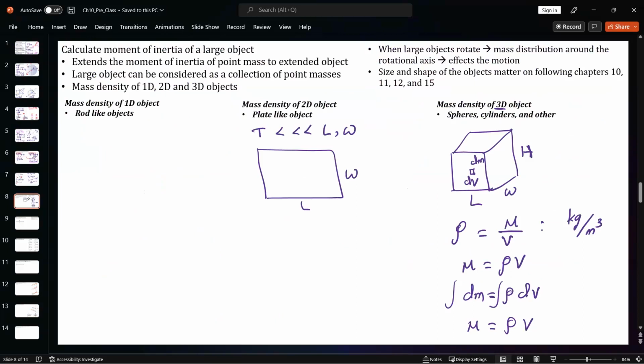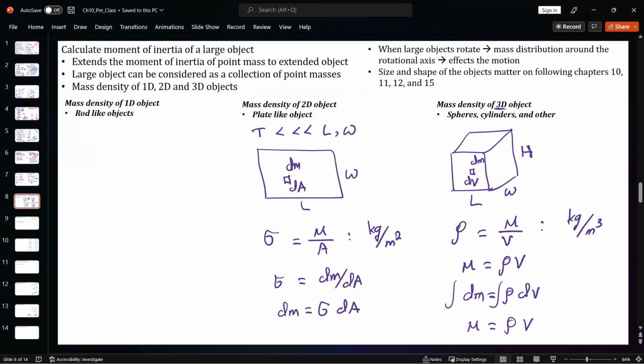If the total mass is distributed over the cross-section area A, then we define this density as sigma. So the unit for this is going to be kilogram divided by meter squared. Similarly, if I take a really small piece out of that, with a small mass and small cross-section area dA, the density is still going to be equal to dm divided by dA. The mass of a small particle we can write as sigma times dA.